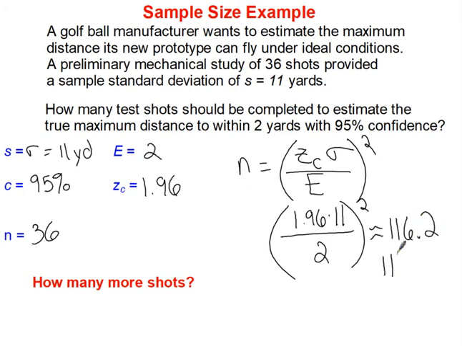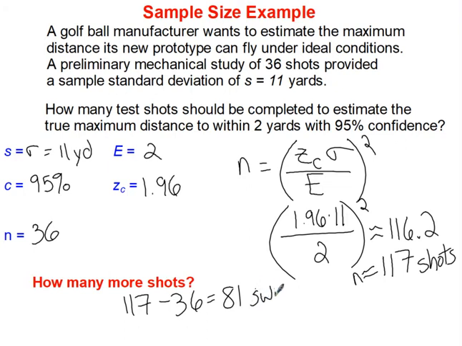But I'm going to round that up to 117 shots. Okay, now how many more would that be? Well, our preliminary study was 36, so really they could get their data after the 36 and go 117 minus those 36. They're going to need an additional 81 swings, or hits, of that golf ball.